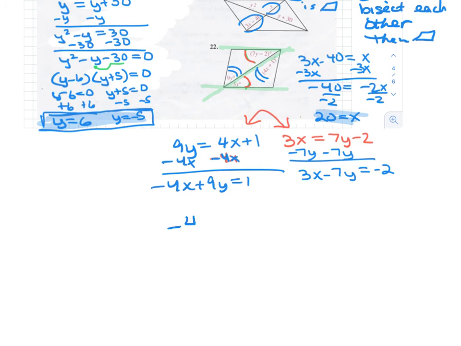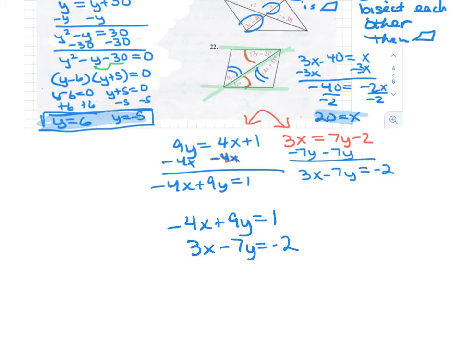So now I'm going to take my two equations and put them on top of each other, just so I have a better look at this. Now, if you recall from Algebra 1, to solve a system of equations, we need to eliminate one of the variables. And the way that I'm going to do that is I'm going to use the elimination method, and I am going to try to eliminate my x's.